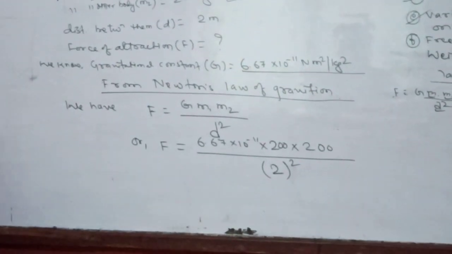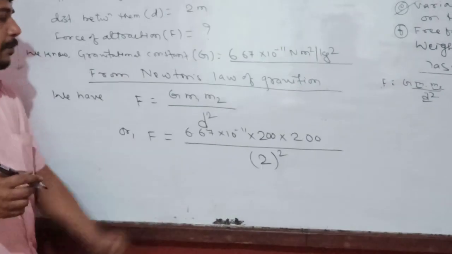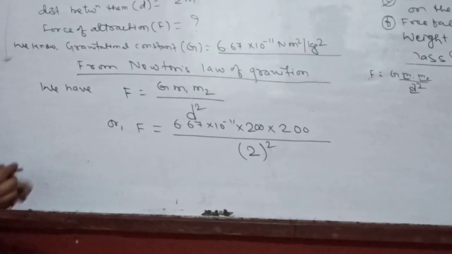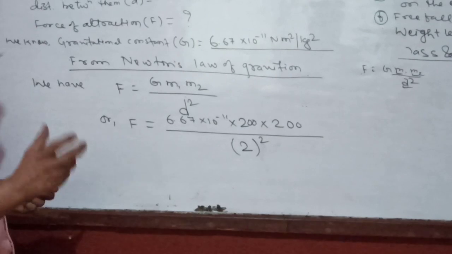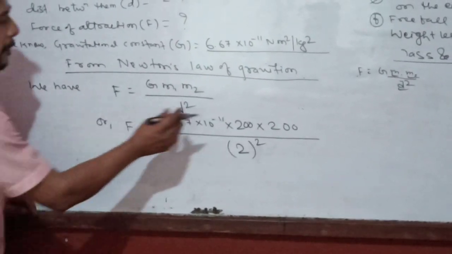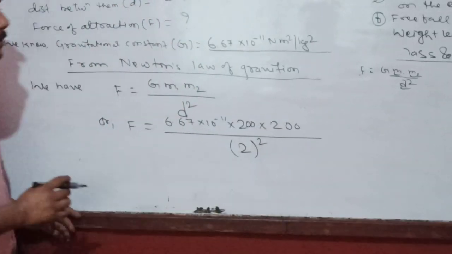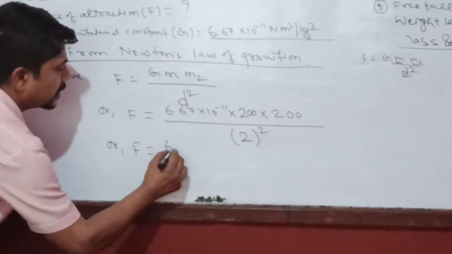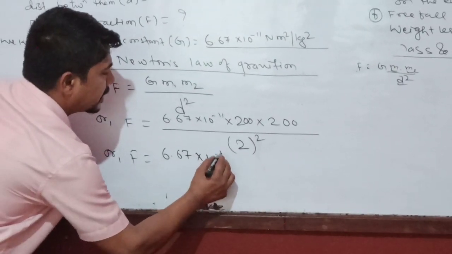Though we can use a scientific calculator, we will solve it in certain steps to make it easier. We multiply the numbers, and multiply the powers of 10 together. So F equals 6.67 into 10 to the power minus 11.